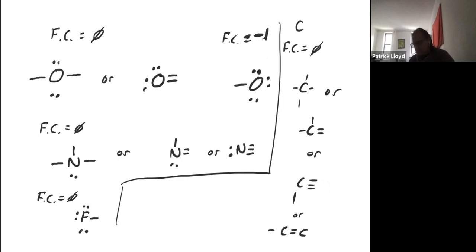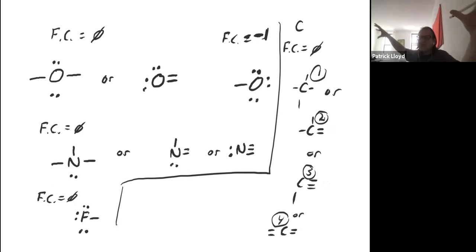You can see why carbon is an interesting element. It actually has 1, 2, 3, 4 different ways to get a formal charge of 0. And that ends up being the reason that it sort of acts like a trunk, is that there's just different arrangements of bonding it can have such that it has a formal charge of 0.